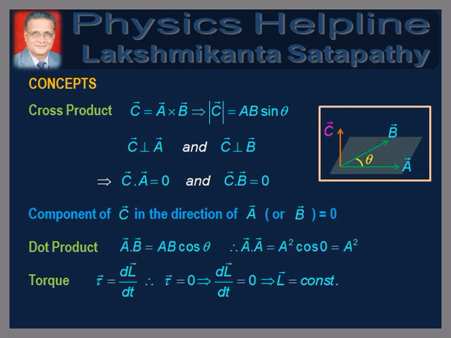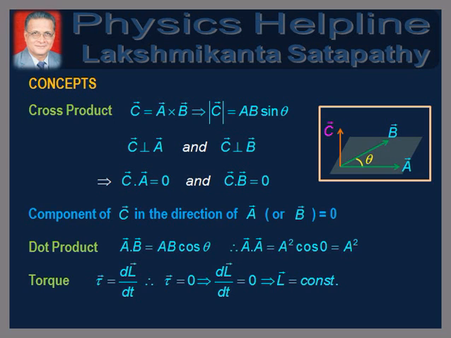If C is equal to A cross B, then the magnitude of C is equal to AB sin theta and the direction of C is perpendicular to both A and B, which implies that C dot A is equal to 0 and C dot B is also equal to 0. Therefore, it follows that the component of C in the direction of A or B is equal to 0.